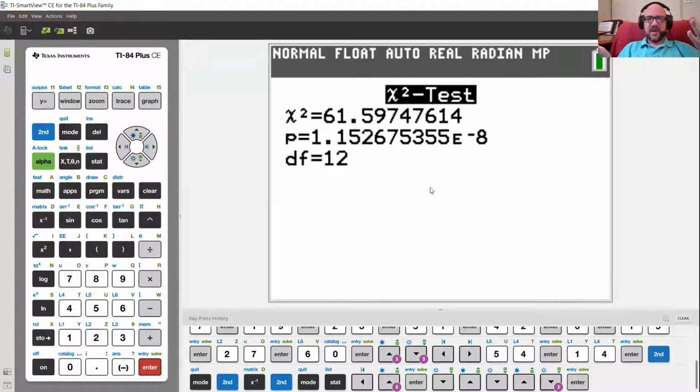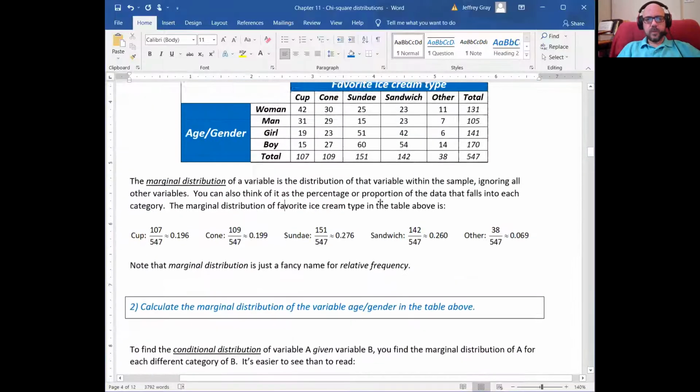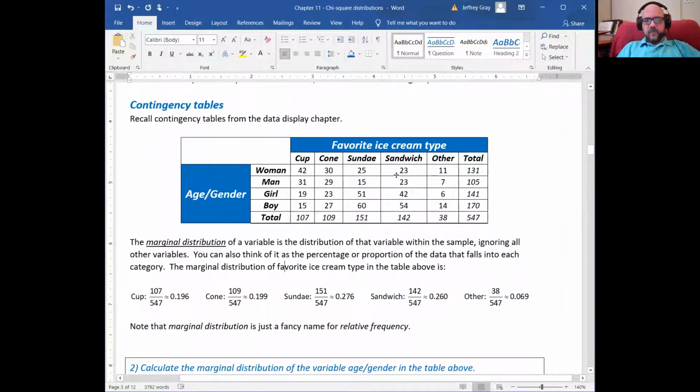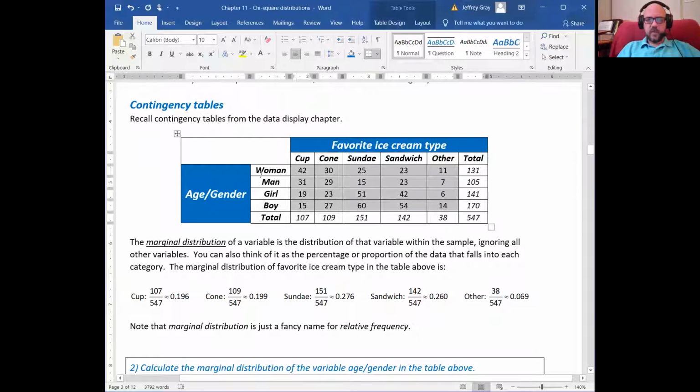How do we figure out the degrees of freedom here? So it's 12 in this case, and I'll show you why. It's 12 because our table is 4 by 5. So this right here is our table. So we've got 4 categories in one variable and 5 in the other.